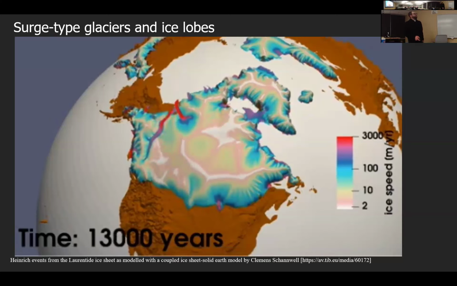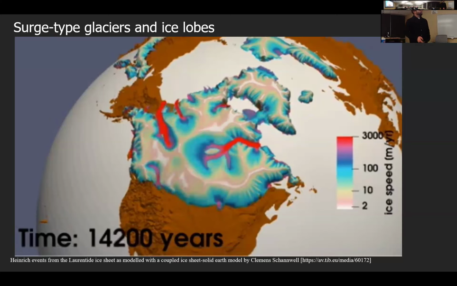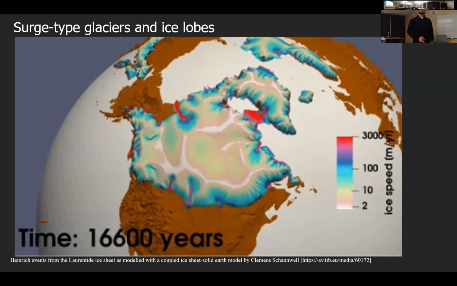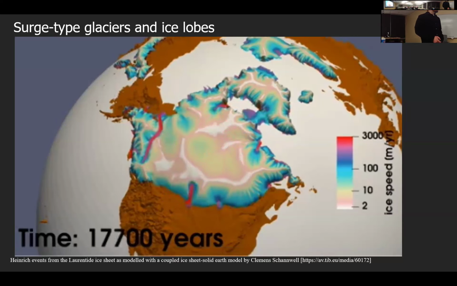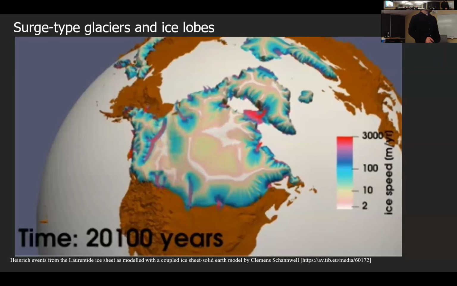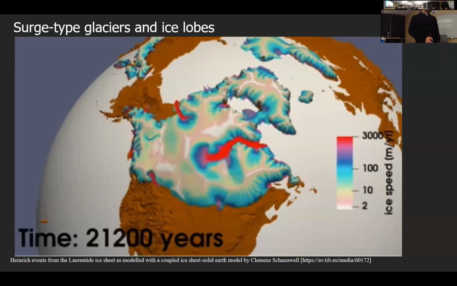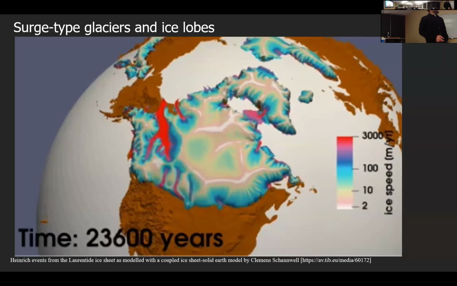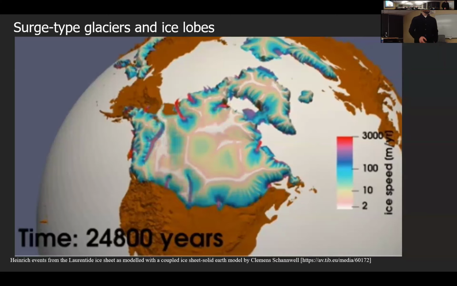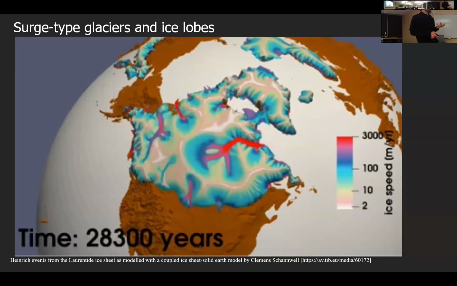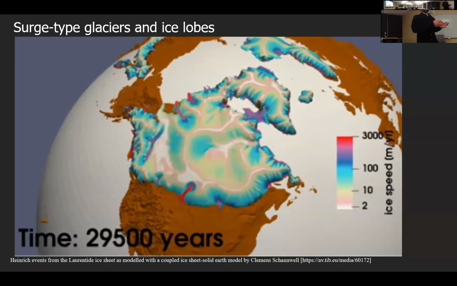How do they figure that out? Well, we see this in modern ice sheets that glaciers surge. And do you know where to draw that little red line? So what's happening in this model, as I understand it, is they've tried to create a model that makes surges, and it's a threshold process.